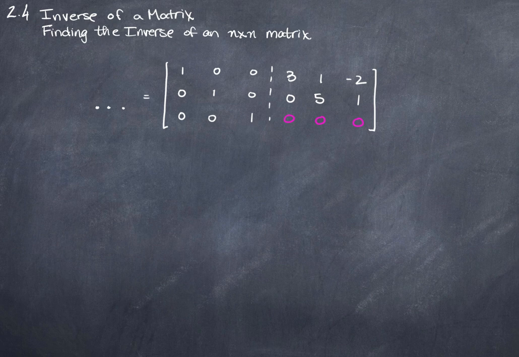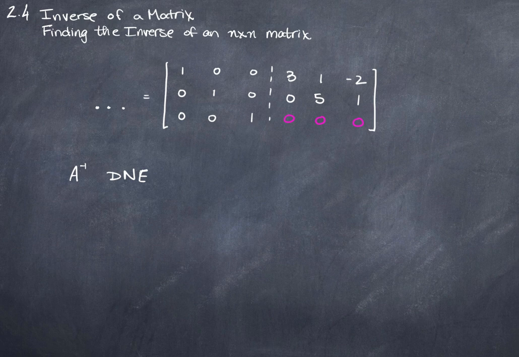Just as when we were simply reducing matrices and we got to a place where we had all zeros, basically what that means is there's no solution, right? Because the problem that we're actually trying to solve right now is find the inverse matrix, this tells me that A inverse does not exist for whatever A was. It doesn't have an inverse.